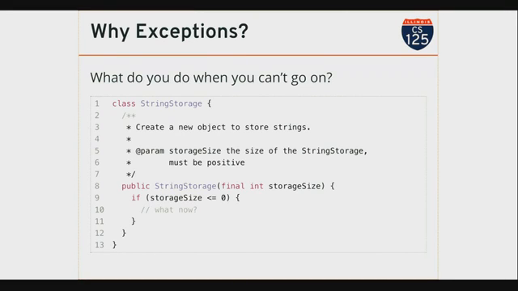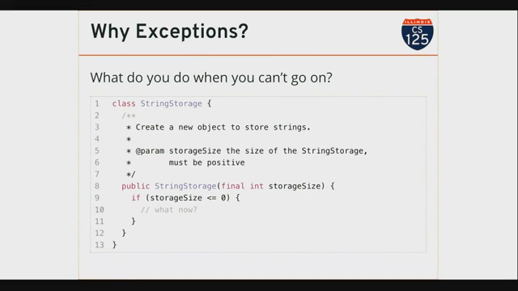So what am I supposed to do? I can write this condition, I can check for it, but what am I supposed to do now? This is made worse by the fact that, if you remember, constructors can't fail. A constructor has to return an instance of the object.